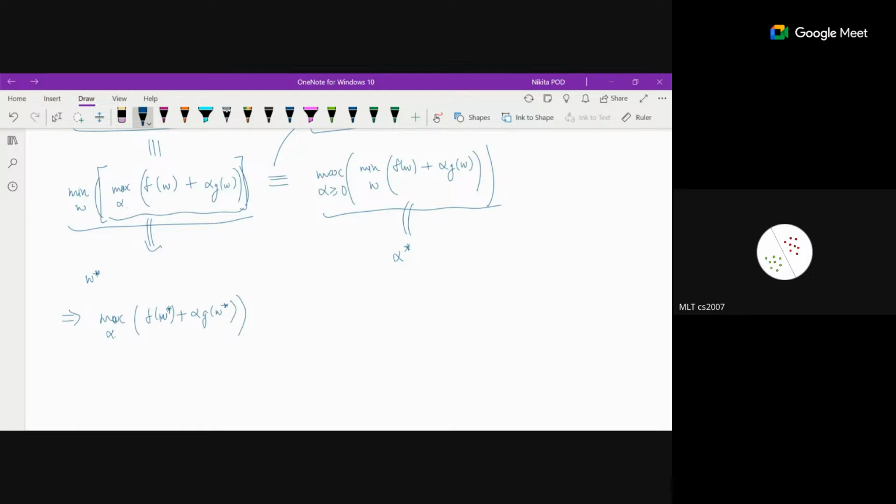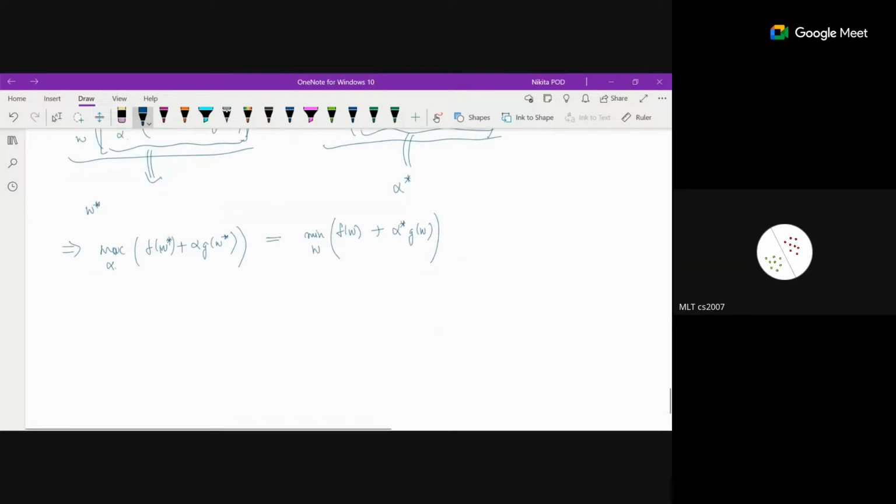And since alpha star is the dual solution, this will be equal to min over w of f(w) plus alpha star g(w). And we are saying both are equal because the solutions of those two equivalent problems should be equal.